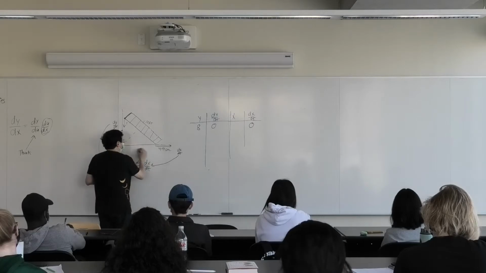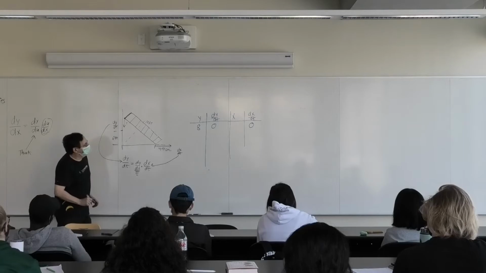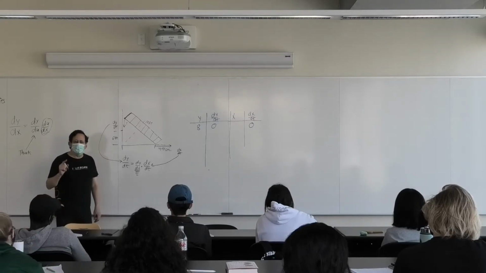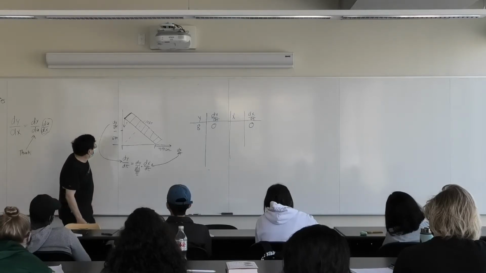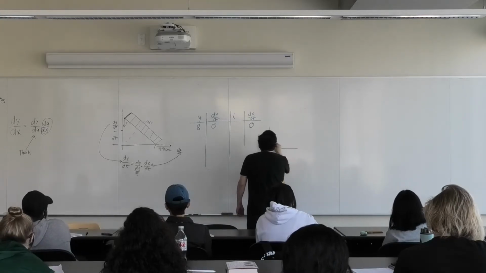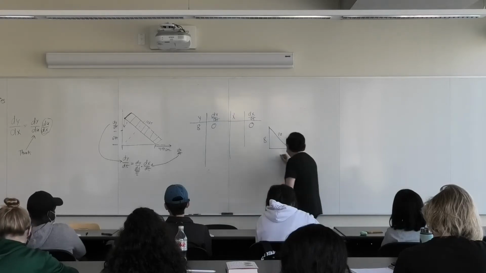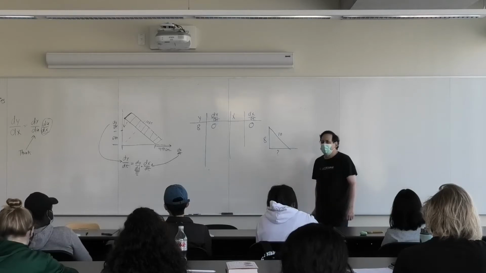Does anyone have any ideas how I'm going to figure out x in this table? Think geometry. It's a triangle. It's 8, 10. How do I find x?